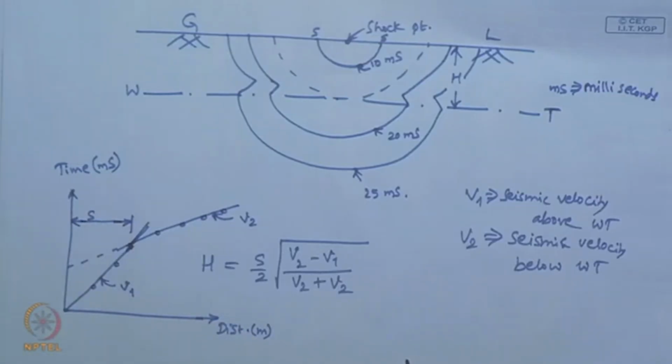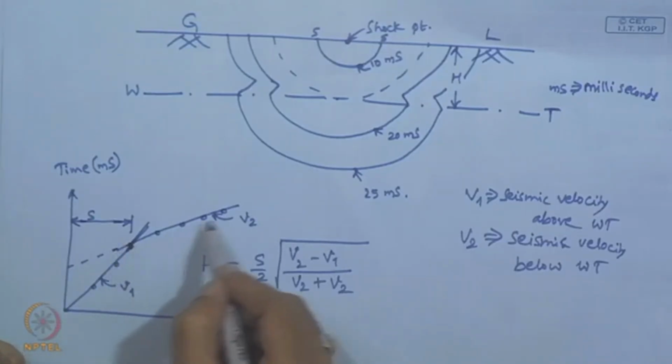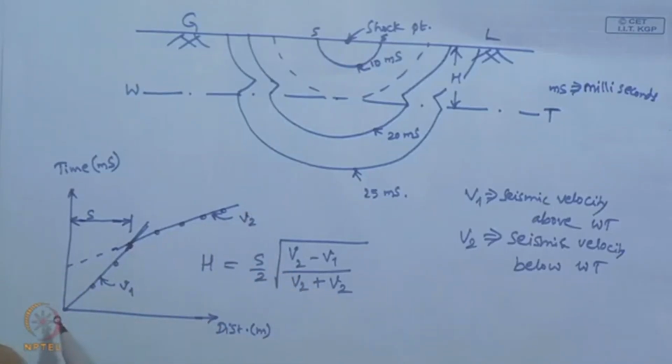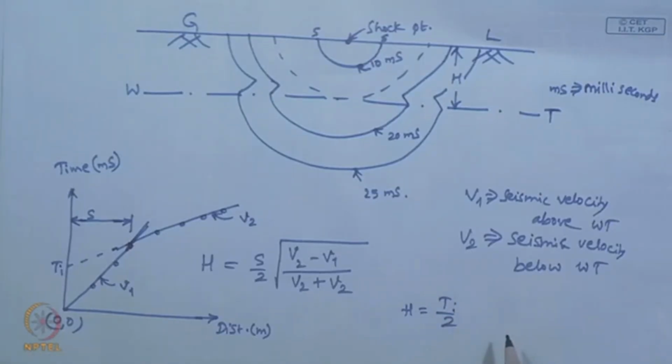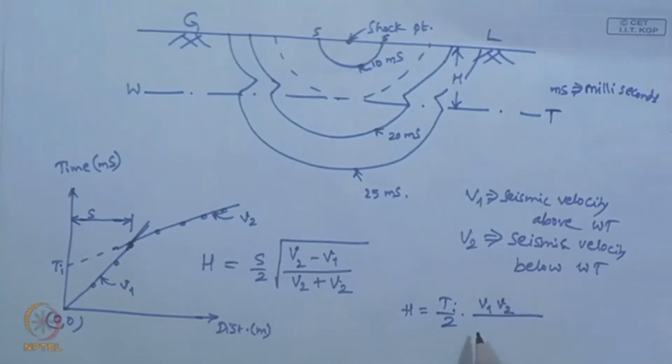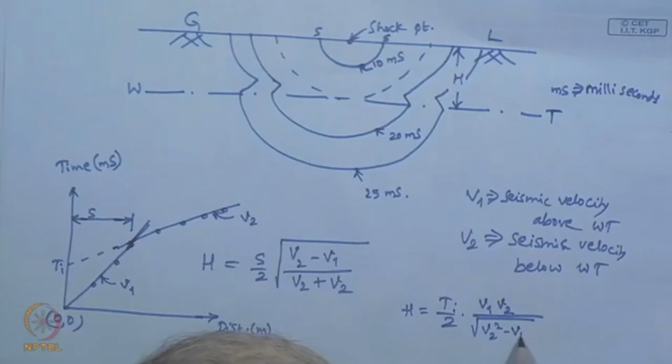And here, if the intercept of this V2 velocity line with the vertical axis is Ti, in that case we can also write one more relationship, that is h is equal to Ti by 2 into V1 V2 divided by the square root of V2 square minus V1 square.